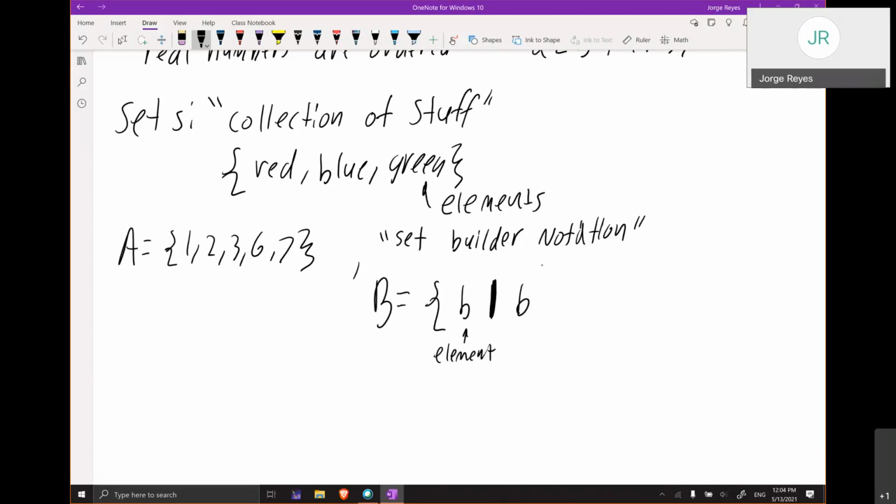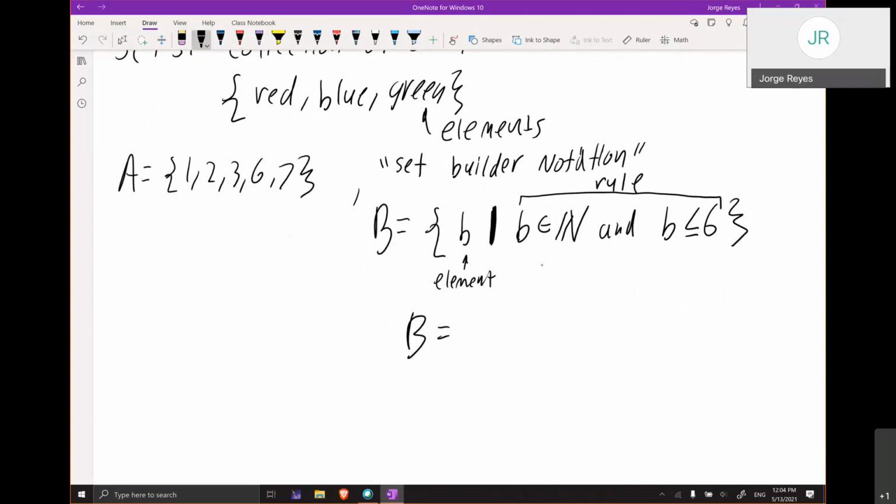So B has to be in the natural numbers and B has to be less than or equal to 6. Everything on the other side of the bar is the rule, or how you know what your set is.